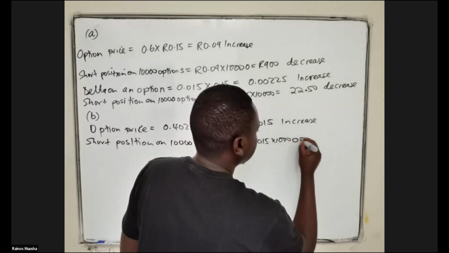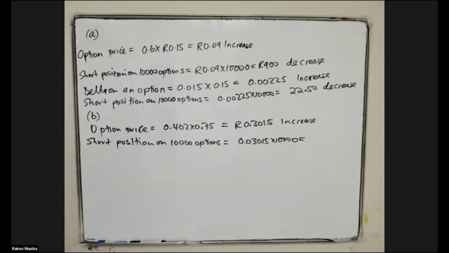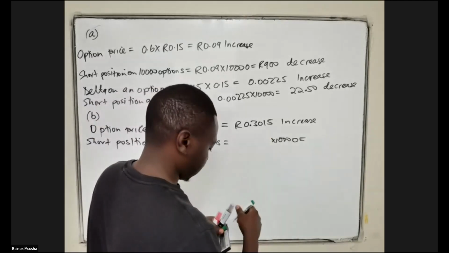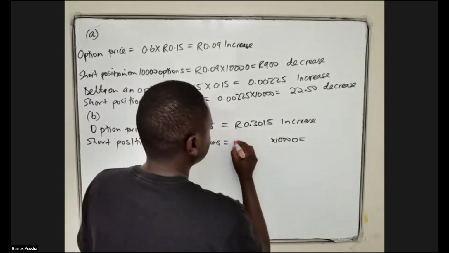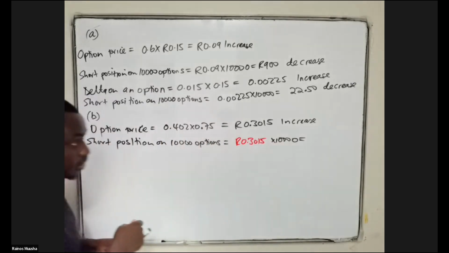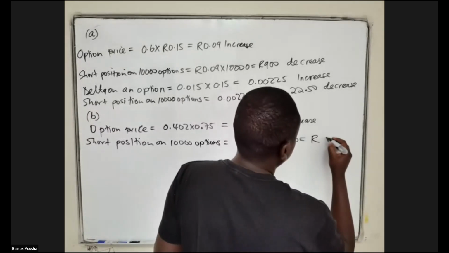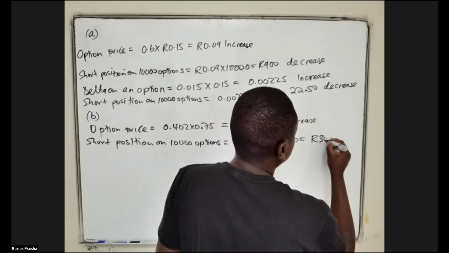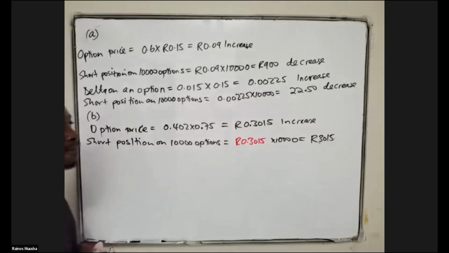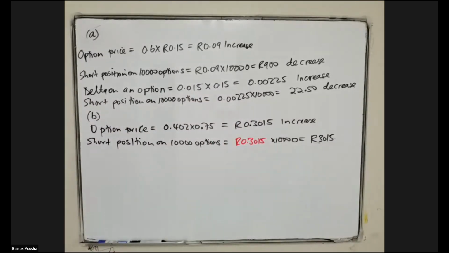It's supposed to be 0.3015 times 10,000, not 0.03015. So it is 3,015. Increase or decrease? Decrease.